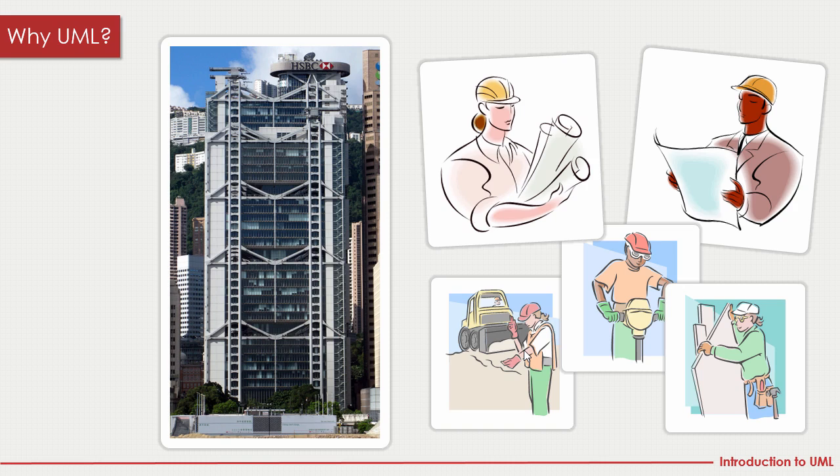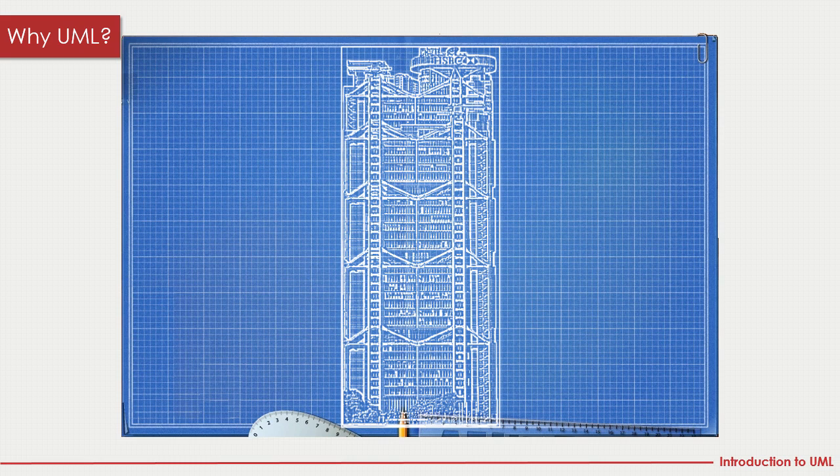Different types of engineers with different expertise need to work together to deliver such a modern building with a lot of facilities. And how do these engineers communicate? They use a lot of design documents we call blueprints to communicate with each other. So they know how to put things together at different times, and everything works seamlessly without any problem. This is the purpose of the blueprint.